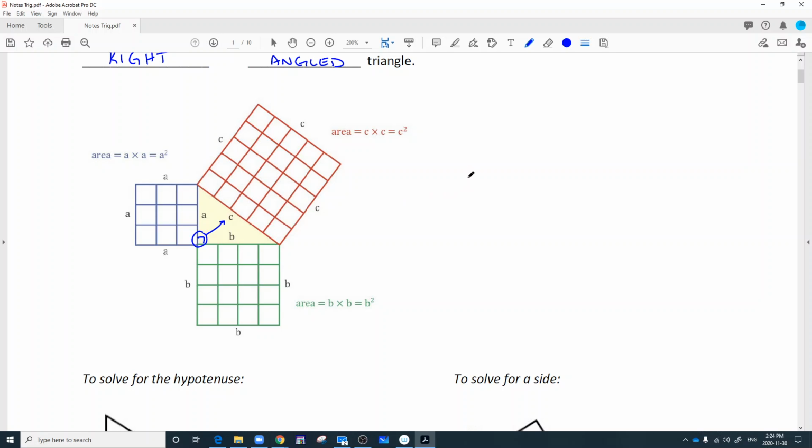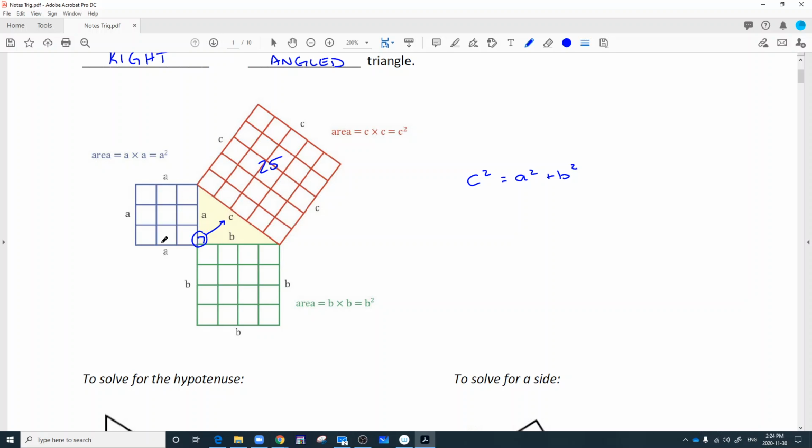And Pythagorean theorem states that the square of the side of the hypotenuse is equal to the sum of the squares of the 2 other sides. So if you drew a square onto C, so in this case it's 1, 2, 3, 4, 5 by 5, this square is 25 square units.